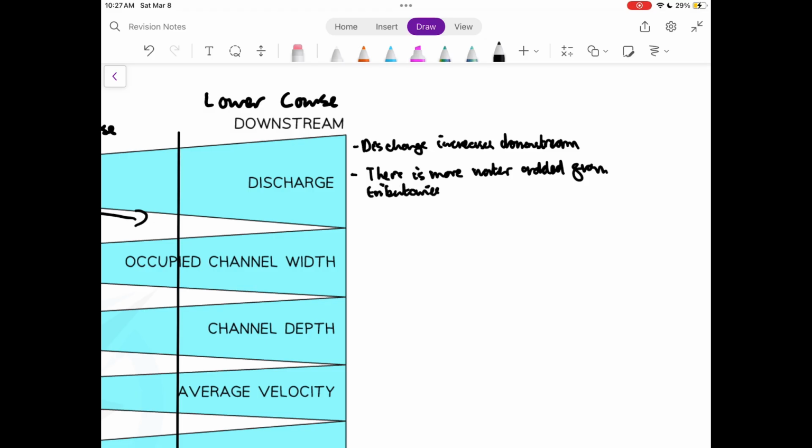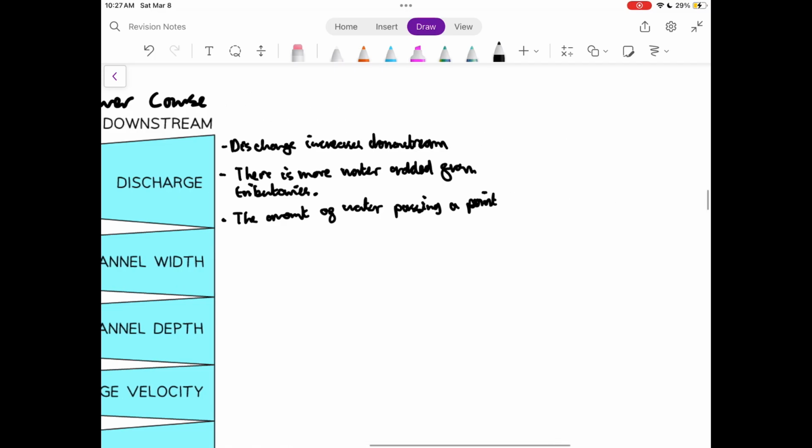And if you're not sure what discharge is, it's basically the amount of water passing a point in a given period of time.